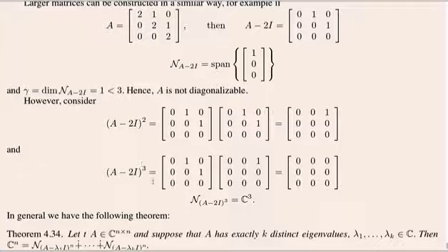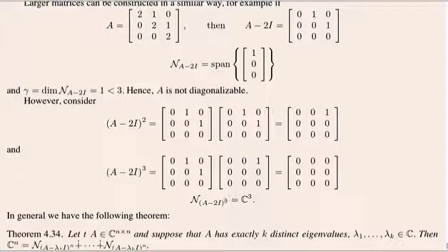And this now means that the null space of this 0 matrix is the whole C3 space, since it doesn't matter what vector you choose. When you multiply with the 0 matrix, you get the 0 vector.